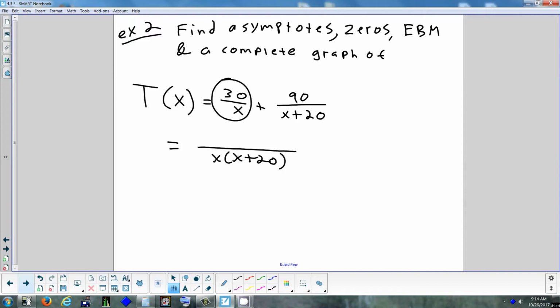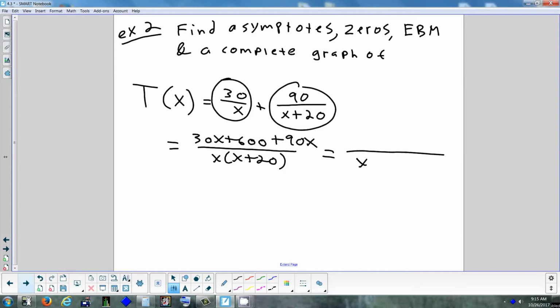So that's going to give me 30x plus 600. Now, what is the other fraction missing to have a common denominator? Dylan? X. It's missing x. So I'm going to multiply top and bottom by x. Already did it in the bottom. In the top, I get 90x.